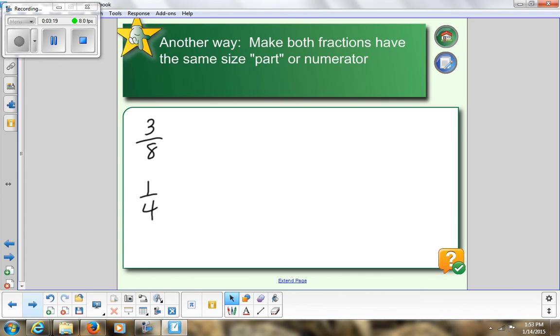The numerator is the top number, and we want to figure out the best way to have the top number be equal. So the way we would do this is we would have to have both parts equal.